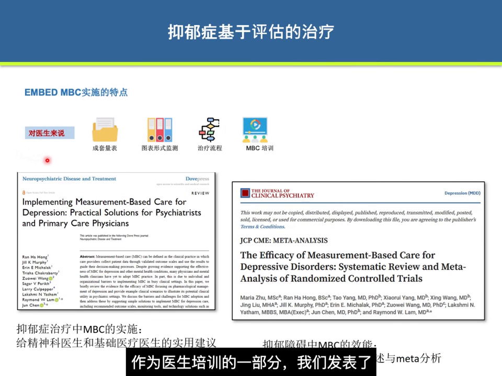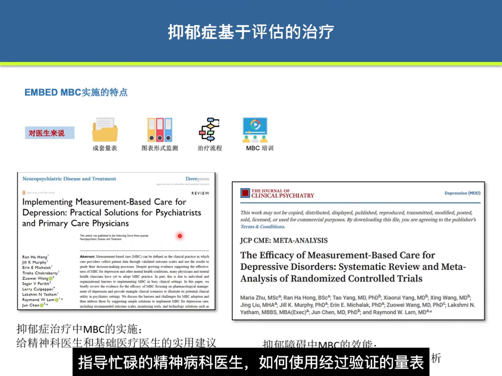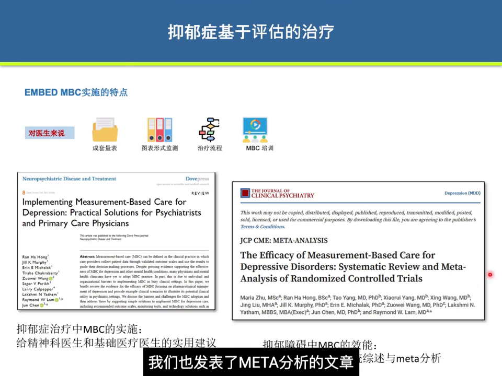As part of the training for doctors for measurement-based care, we published articles with practical recommendations for busy psychiatrists to use validated rating scales. We also published our meta-analysis to illustrate the clinical effectiveness of measurement-based care for people with depression.